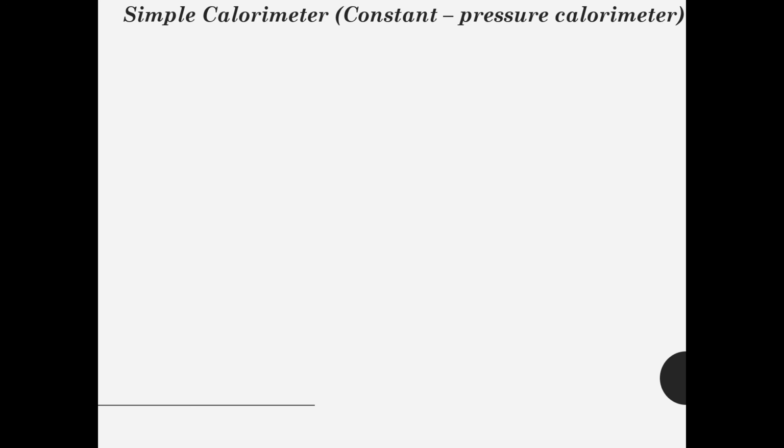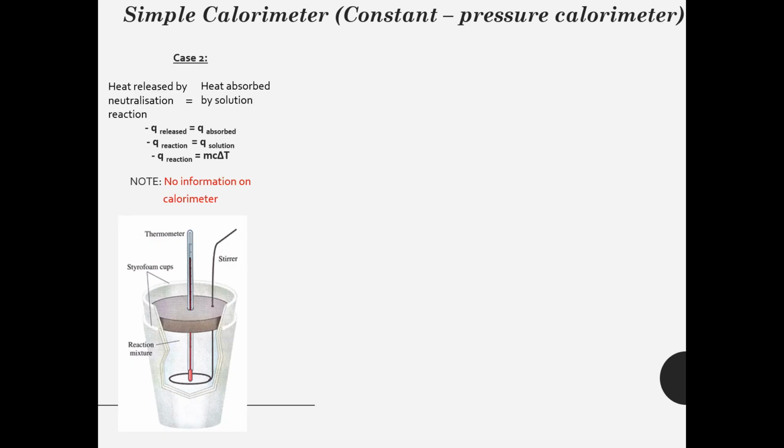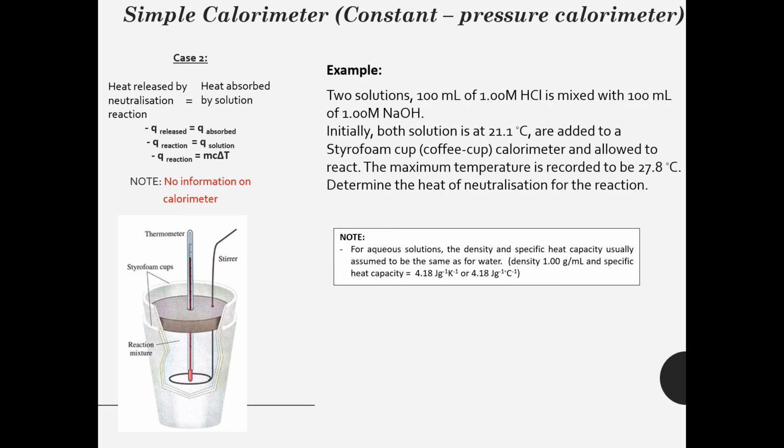Now we shall look at case number 2. For case number 2, the heat released by the neutralization reaction is only absorbed by the solution. This means that in the question, you cannot find any information on the calorimeter. Let us look at the example question. In this question, can you see that you can only get the information on the solution formed?